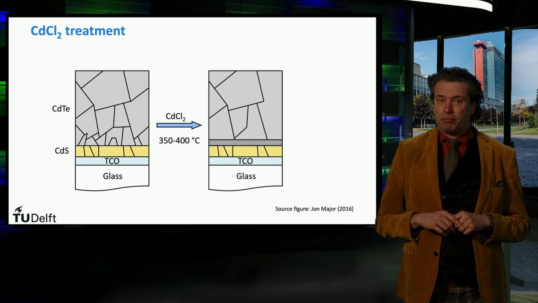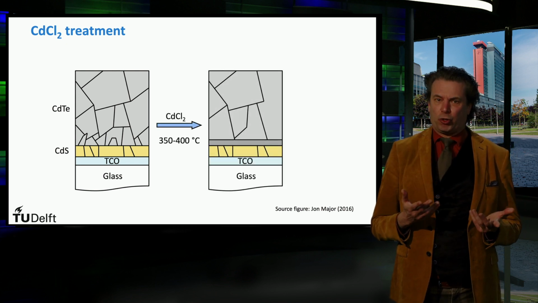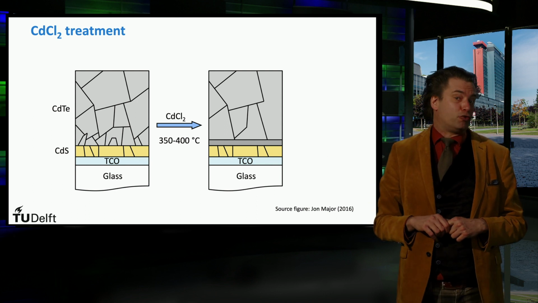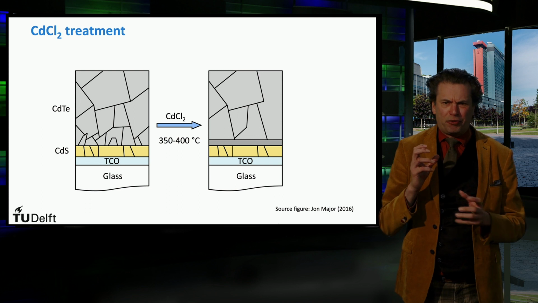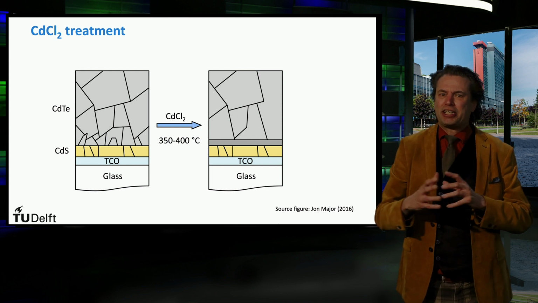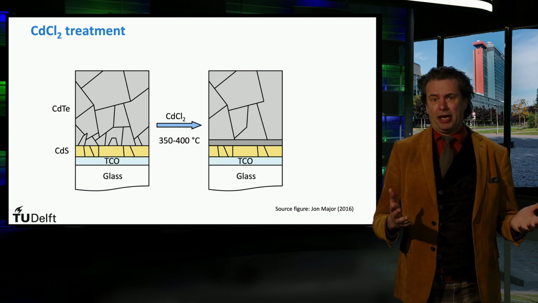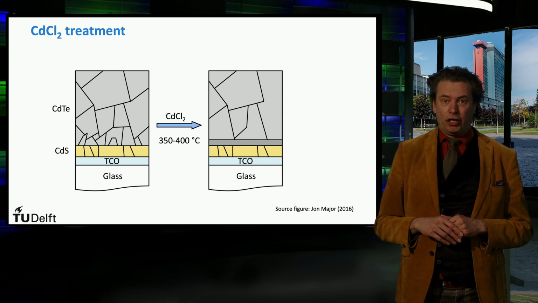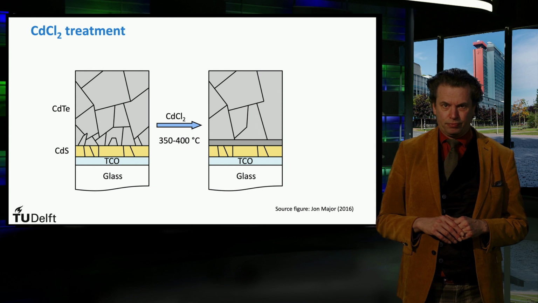X-ray diffraction measurements have shown that after the cadmium chloride treatment at a temperature of about 250 to 400 degrees Celsius, recrystallization occurs, increasing the grain size. At the same time, the grain boundaries will be better passivated by chlorine diffusion.